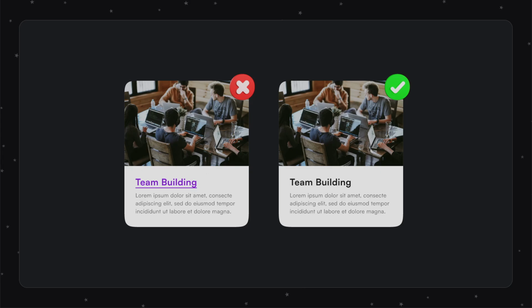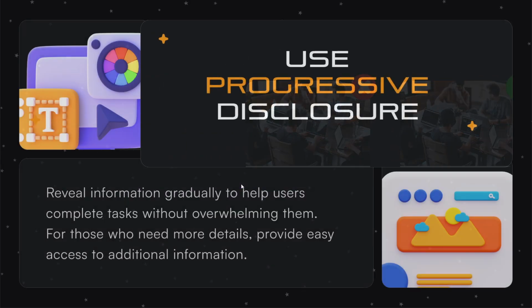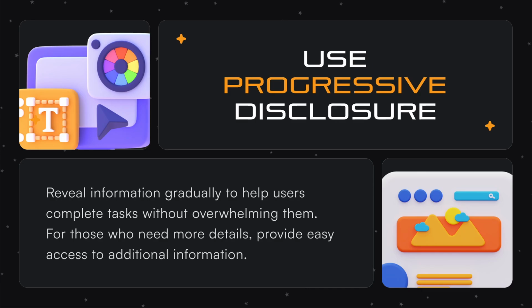So it's a simple rule, but especially beginner designers do not know it at first, or don't really bother to know about it. But it has been included because Adam Dunaway himself also experienced this and also saw it on other designs. So another one is you should use progressive disclosure.